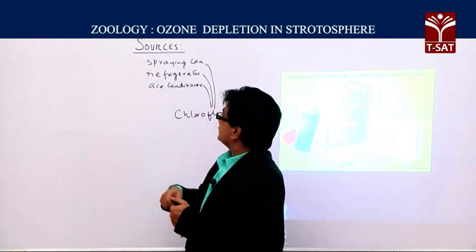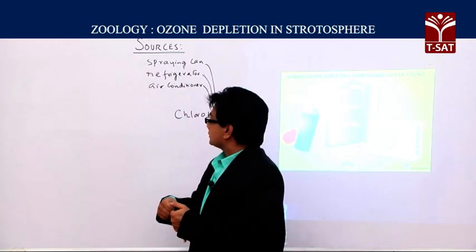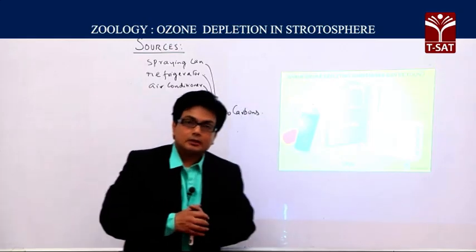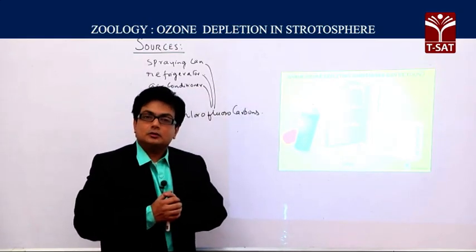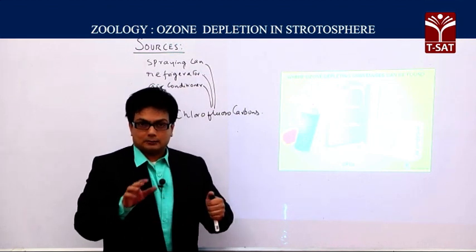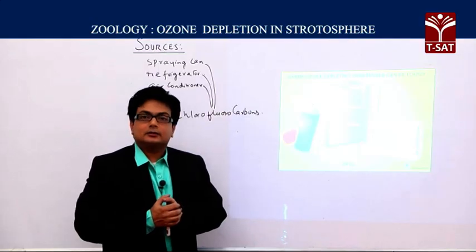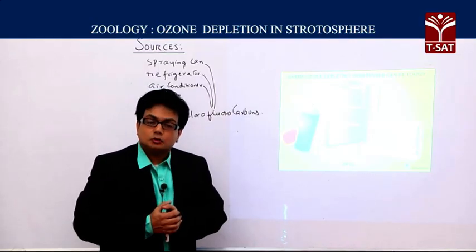The sources can be spraying cans, refrigerators, air conditioners, etc. So these are all the various sources for the release of chlorofluorocarbons. So CFCs, the chlorofluorocarbons, are responsible for ozone depletion.